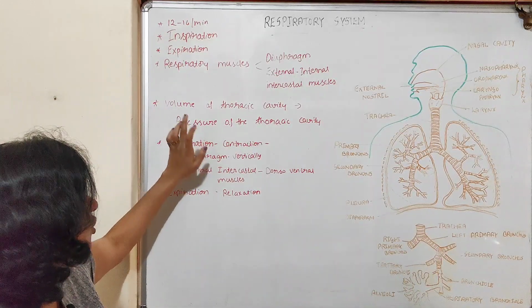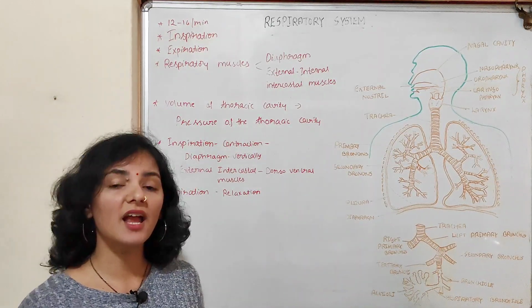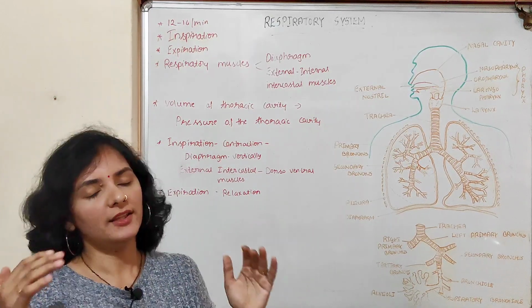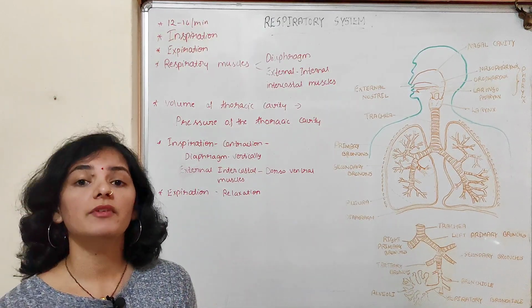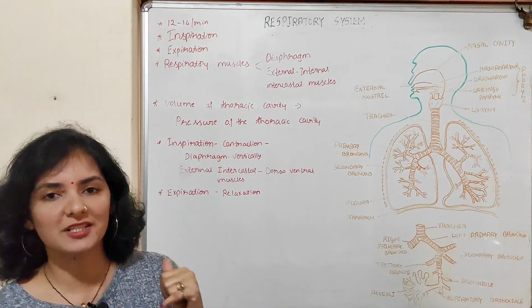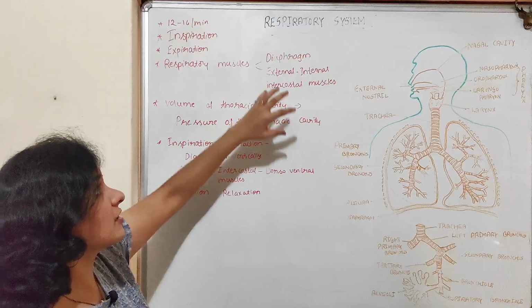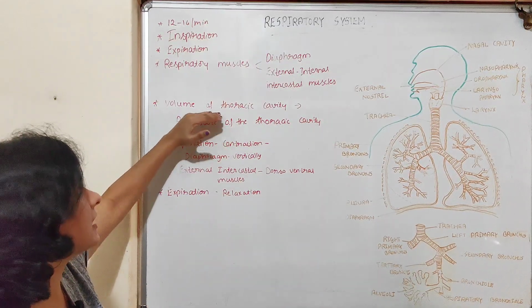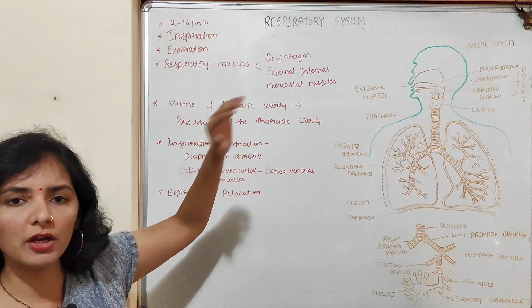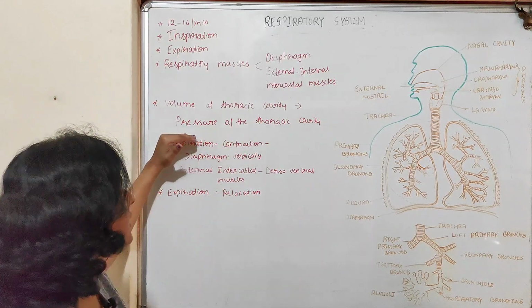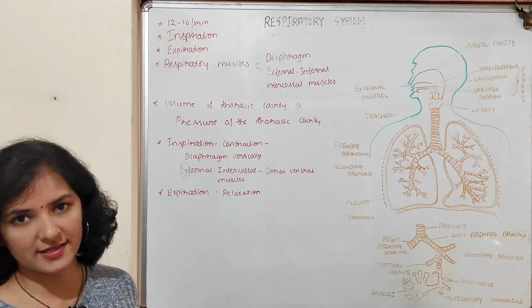You know how volume is related to pressure, isn't it? It's inversely proportional. So when there is an increase in the volume, there will be a decrease in the pressure. When there is a decrease in the volume, there will be an increase in the pressure. So when there is contraction and relaxation of these muscles, there will be an increase or decrease in the volume of the thoracic cavity, and in turn an increase or decrease in the pressure of the thoracic cavity.